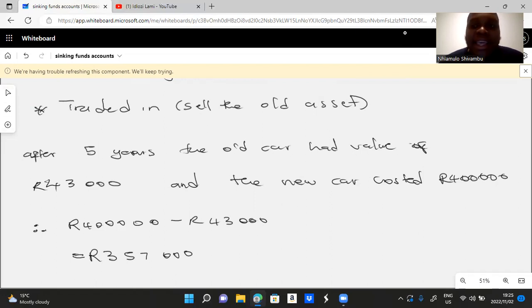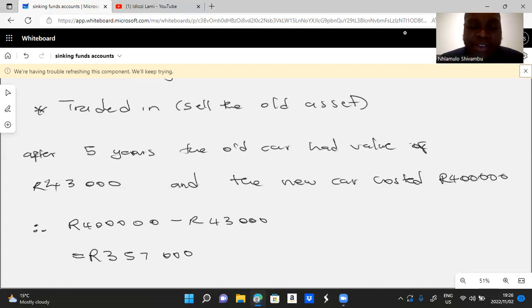So if this is the money the company will need to purchase the new vehicle, this becomes the sinking fund amount, or what we call the future value amount. And the reason why we call it the future value amount is that this is the money that the company needs to raise.